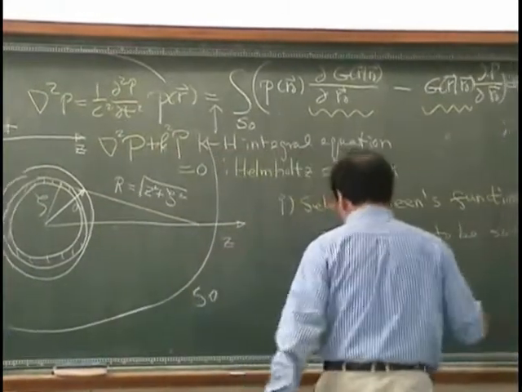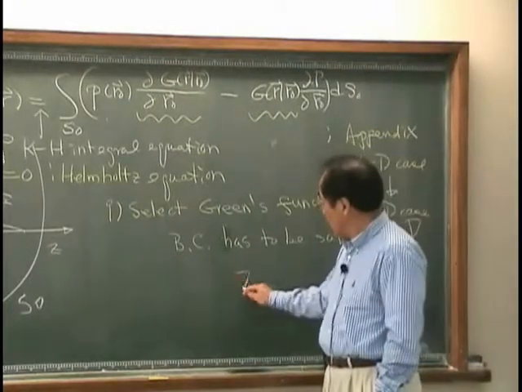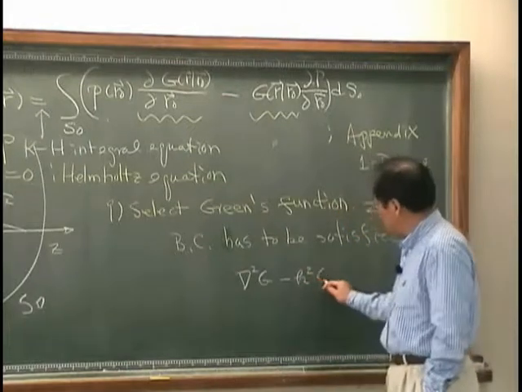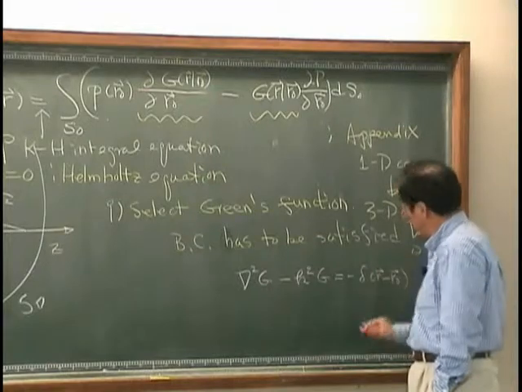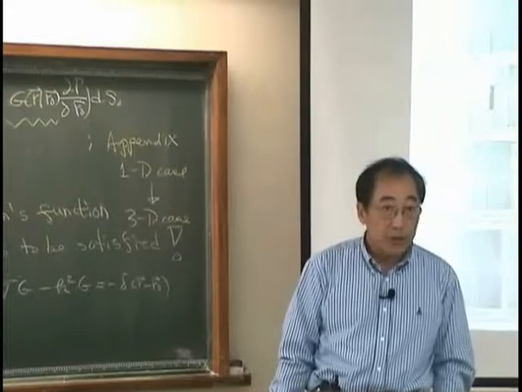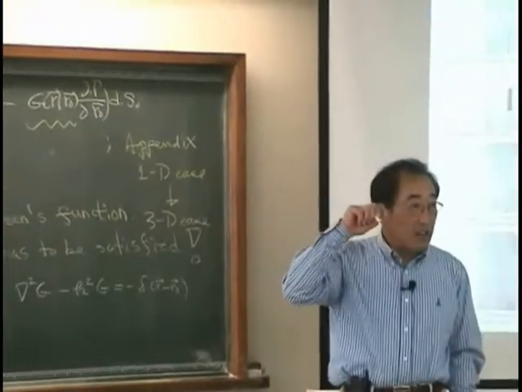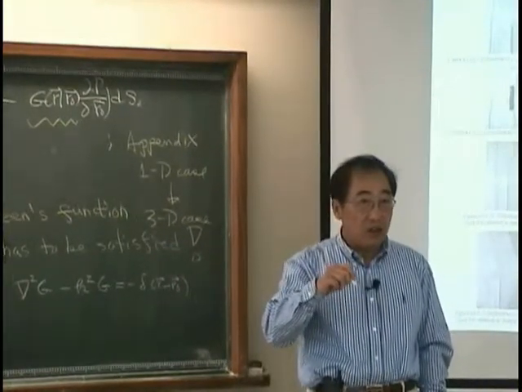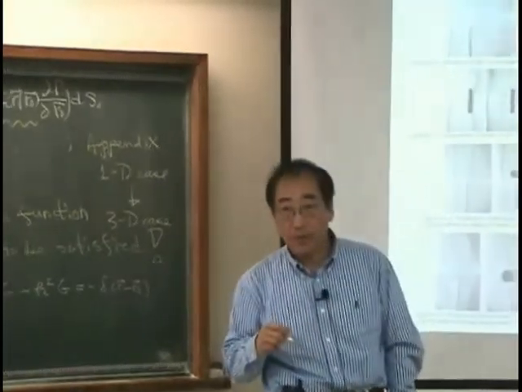Okay, remember when we derived the Green's function, we said this Green's function has to satisfy this inhomogeneous wave equation, right? The physical meaning is that we are exciting the sound field at r equal r0 using a unit delta function, in other words, an impulse.